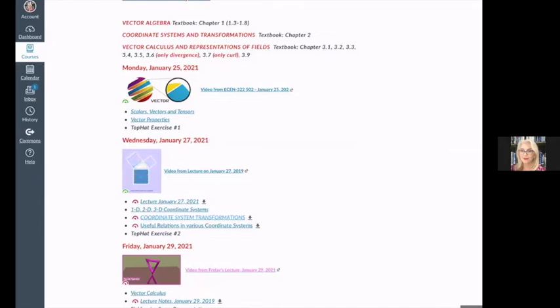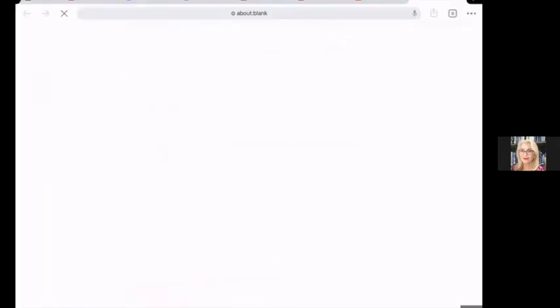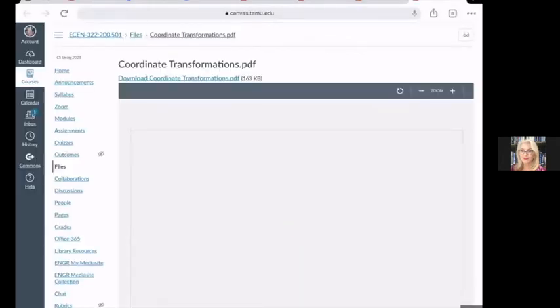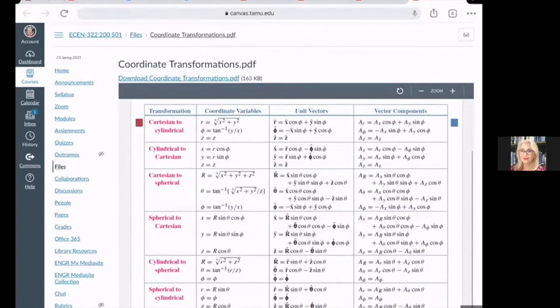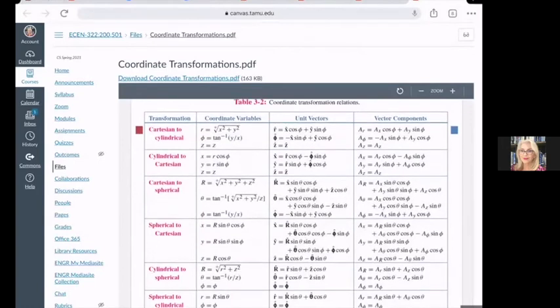All right, so the coordinate system transformations is something that I put recently, to show you what I have. This one shows how you're going to go from one coordinate system to another. So Cartesian to spherical to cylindrical, cylindrical to Cartesian, Cartesian to spherical, spherical to Cartesian, all of this.